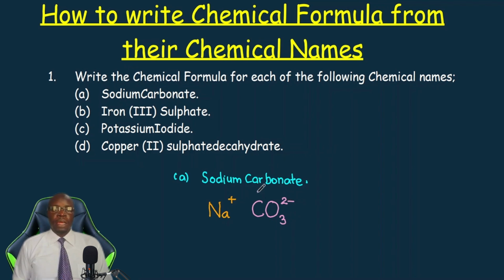Now from here, in order for us to get this compound correctly, we have to make an interchange. The interchange is of this number here. So we get only the number and take it down here as a subscript, and we place it here as 2.